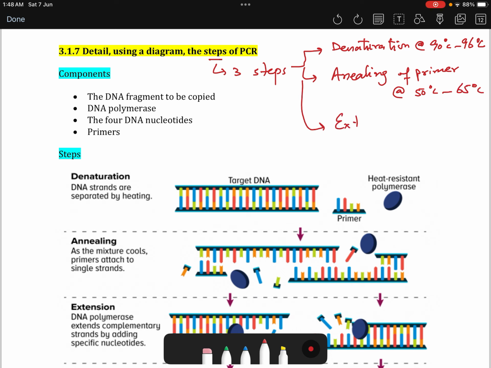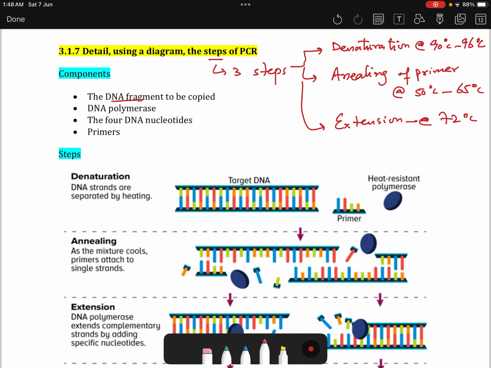The last one is extension at 72 degrees Celsius. Normally it is 72, but even if you write 71, that will be correct. But I'm going to stick to 72 degrees. What do you need for this one?